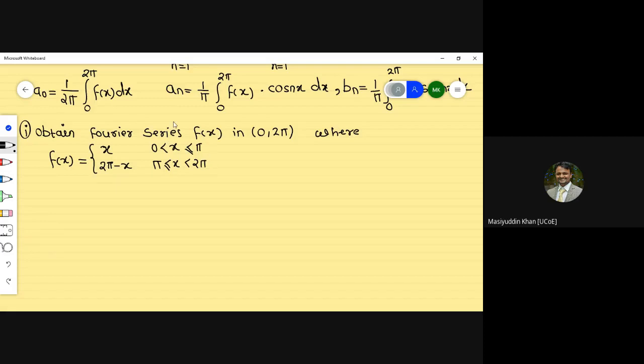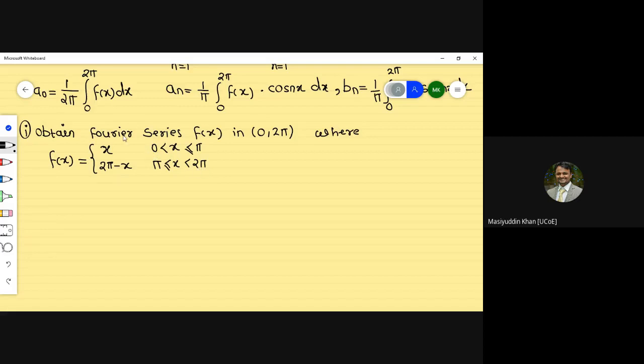So this is our problem: we have to find or obtain this Fourier series. Now the first observation must be the question's limit point. The limit point is clearly given as 0 to 2 pi.